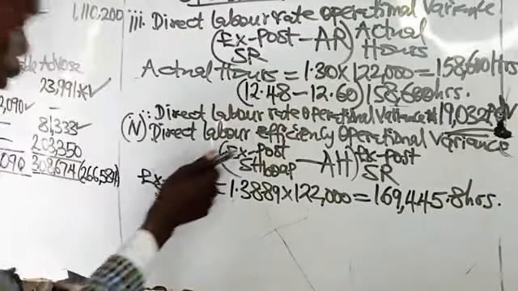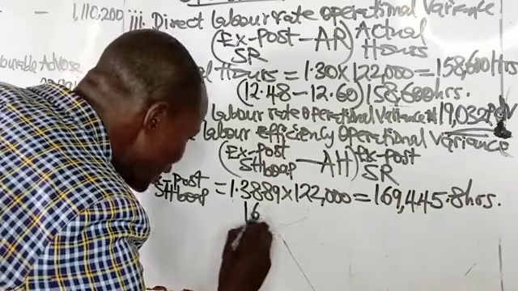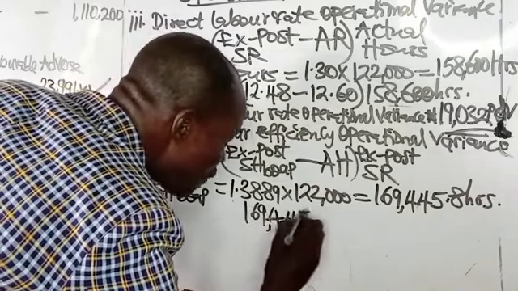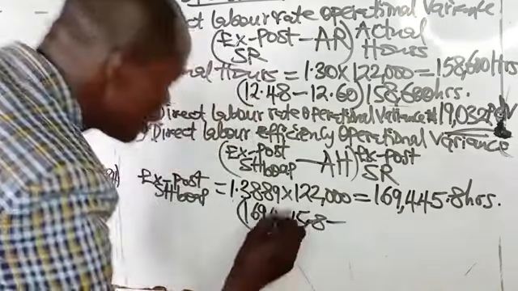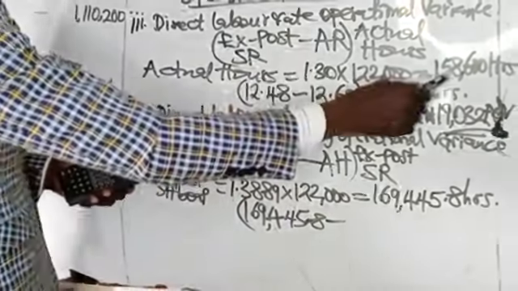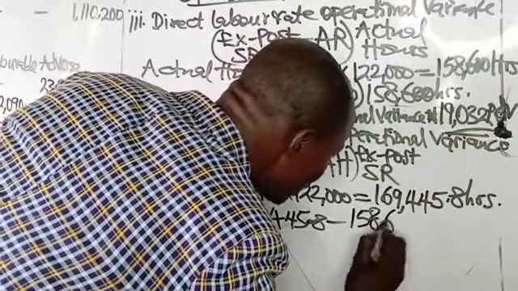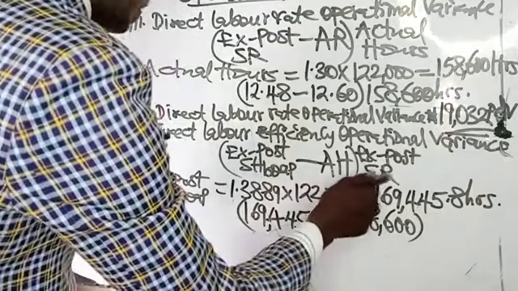Now substituting to the formula, ex-post standard hour, that is as determined 169,445.8 minus actual hour as determined earlier. Actual hour 158,600, multiplied by ex-post standard rate.